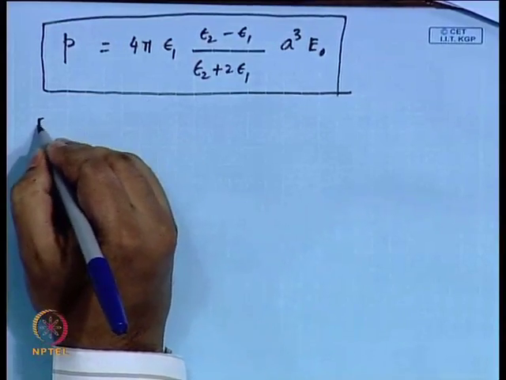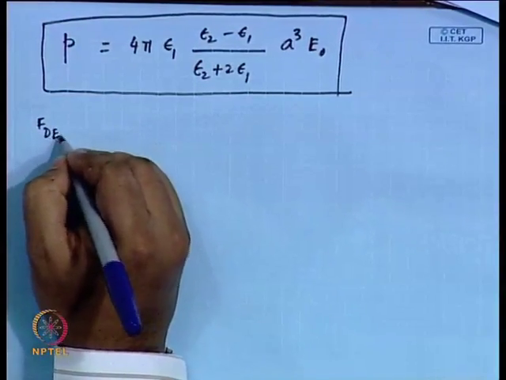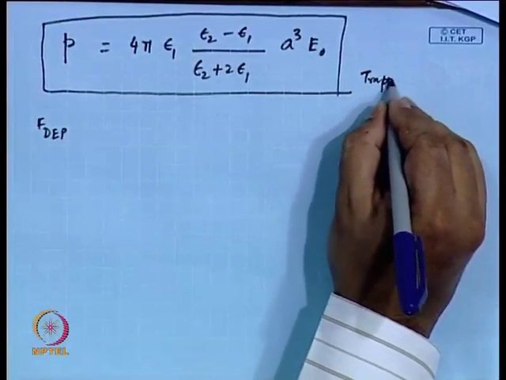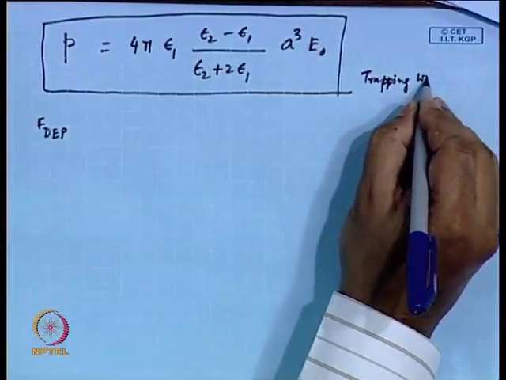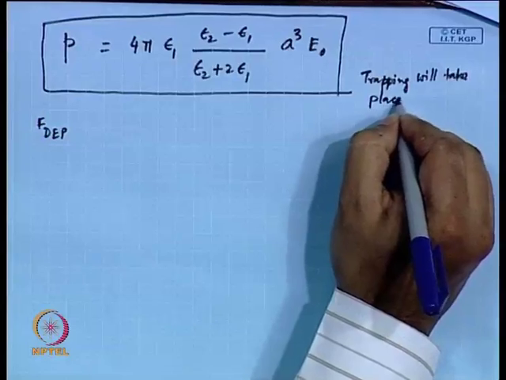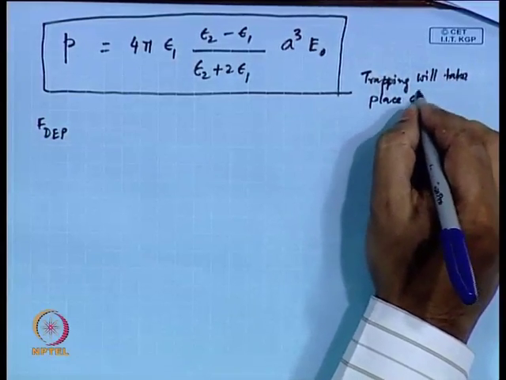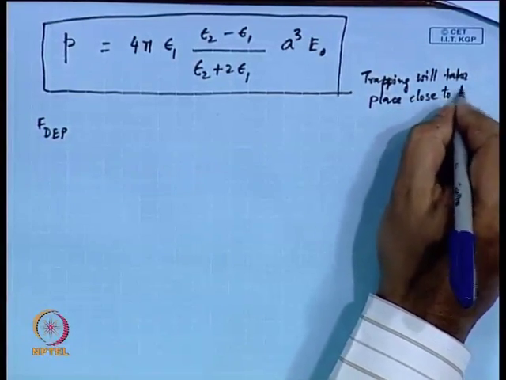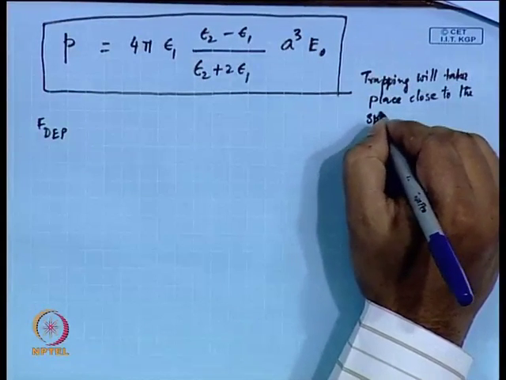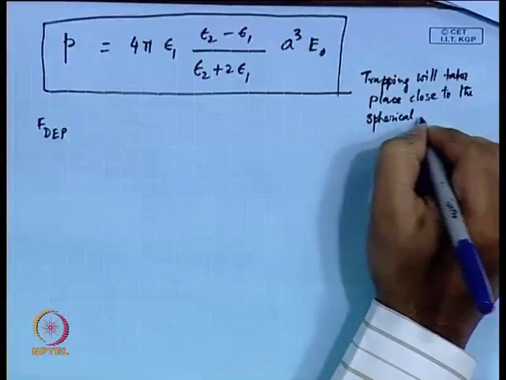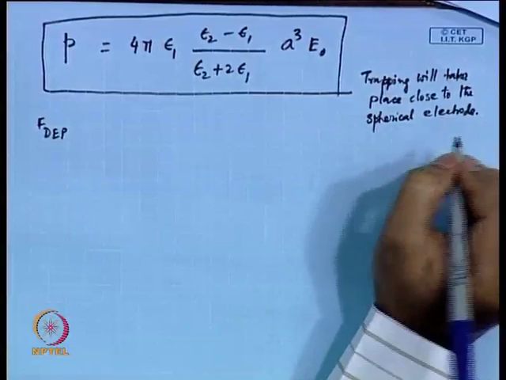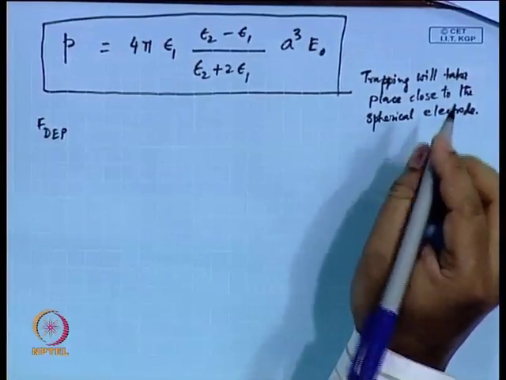if DEP, mind it, the trapping will take place. Trapping will take place close to the spherical electrode, what we are calling the point electrode, the spherical electrode.